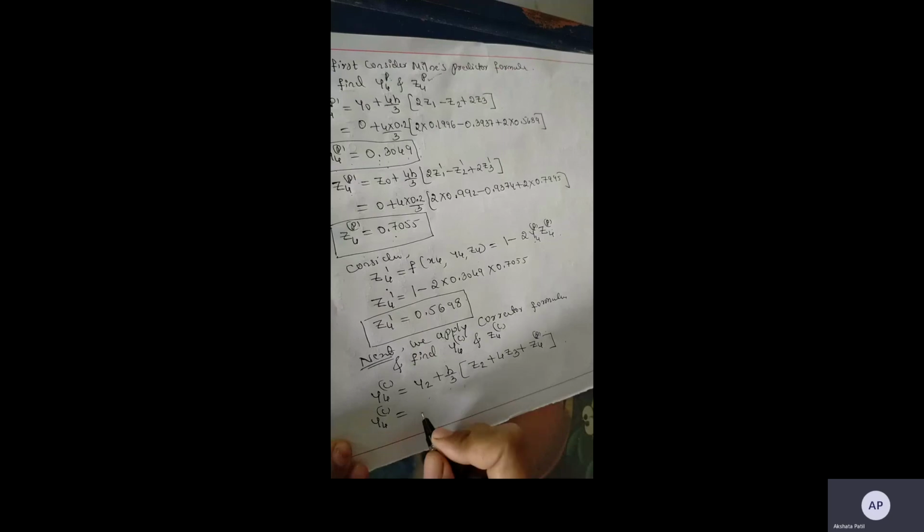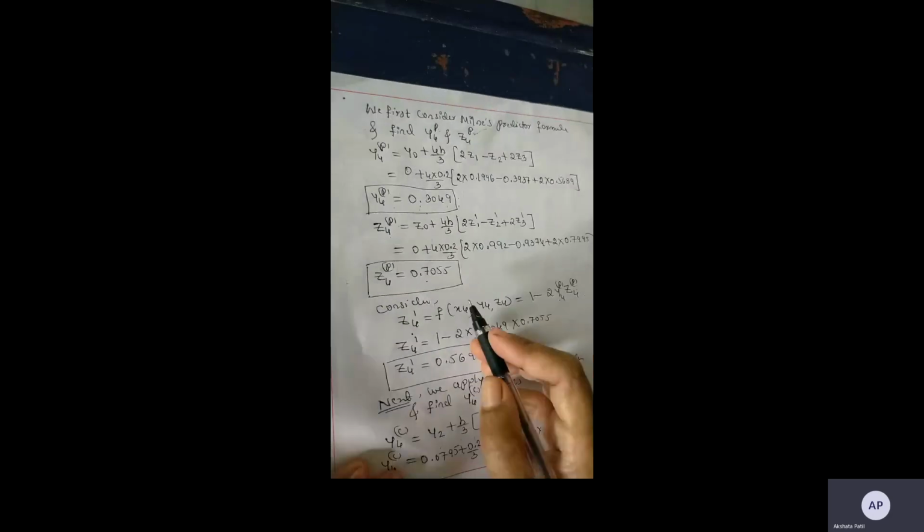Now let us substitute the values and calculate the y4 of corrector value. The y2 value is 0.0795 plus h is 0.2 divided by 3, and the z2 value is 0.3937 plus 4 into the z3 value 0.5689, plus the z4 of predictor value we already obtained here, 0.7055.